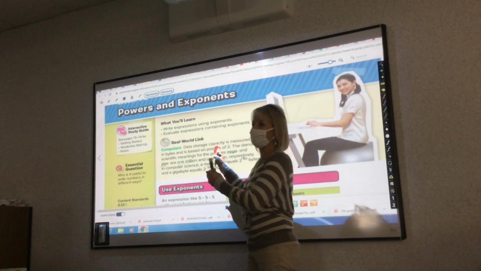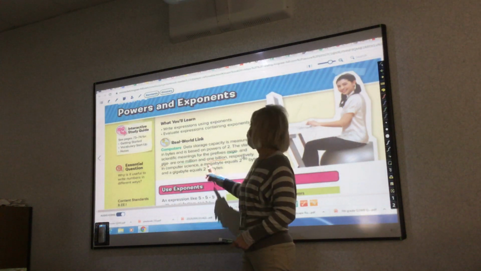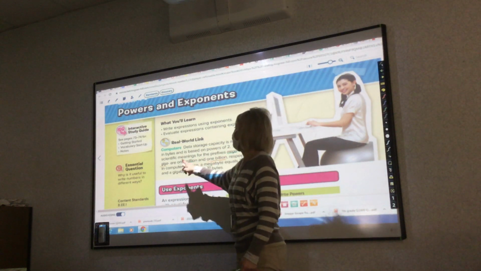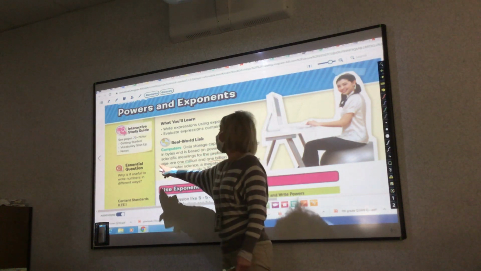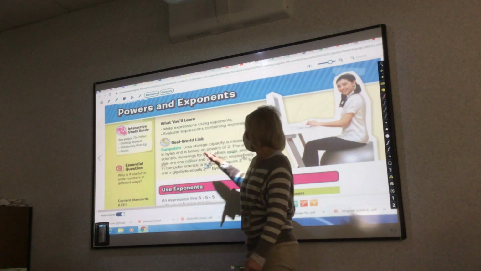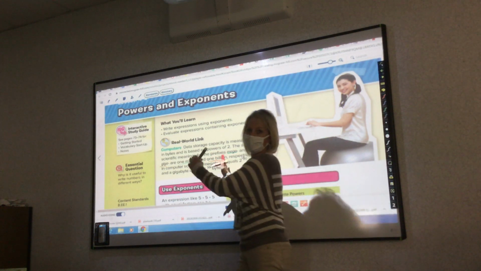Respectively means the answers stay in the same order. Mega was listed first, and 1 million was listed first, that's respectively. Giga was listed second, 1 billion was listed second, so they stay together.